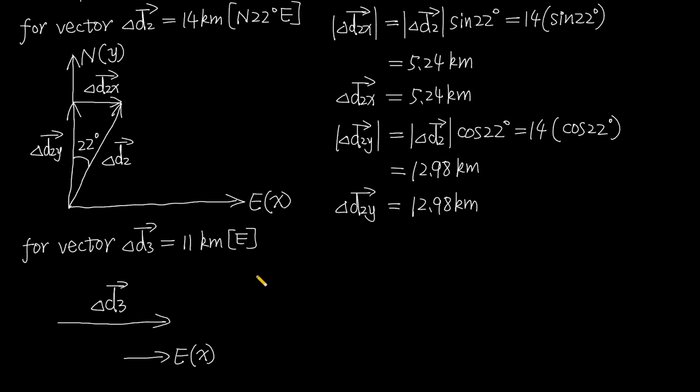So from the graph, we can know that the vector delta d3x just equals the vector delta d3 and equals 11 kilometers. It's positive because its direction is the positive x direction.